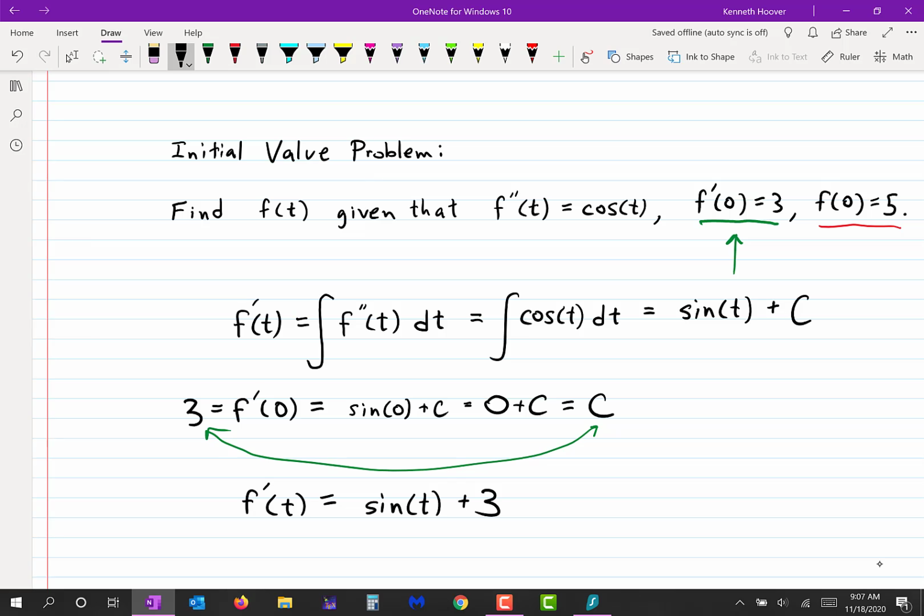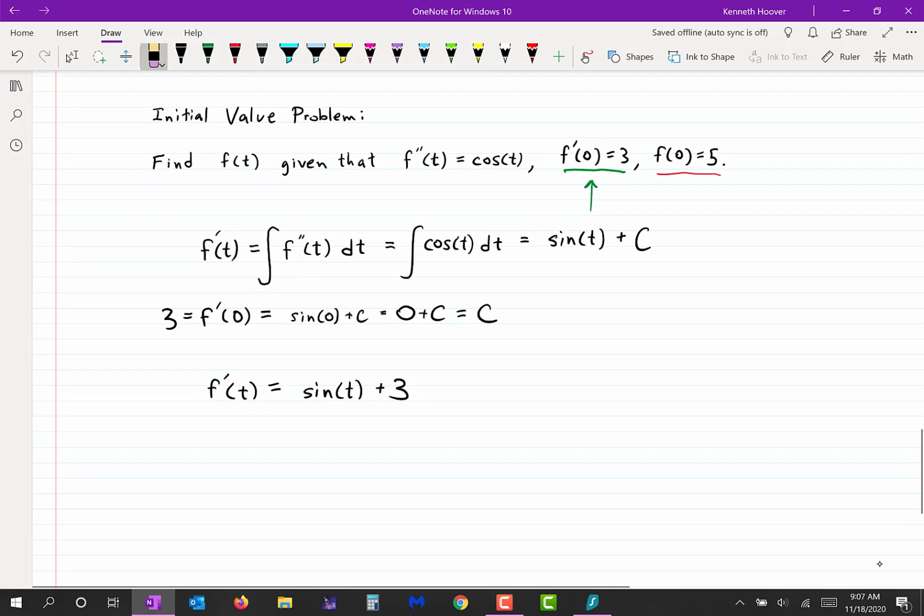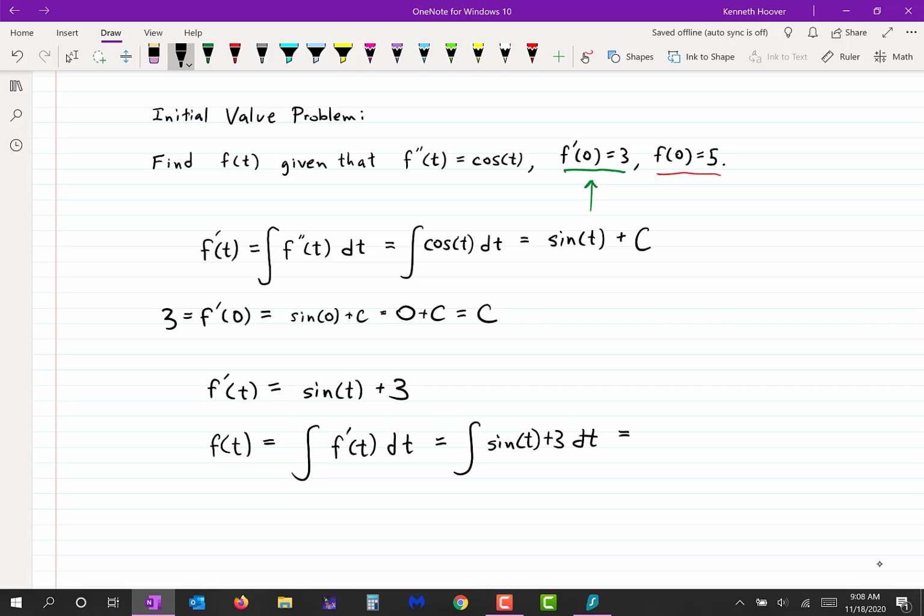Now I integrate f prime to get f. f of t is the integral of f prime of t. So that's the integral of sine of t plus 3, which is negative cosine of t plus 3t plus a constant. I'll use d this time.